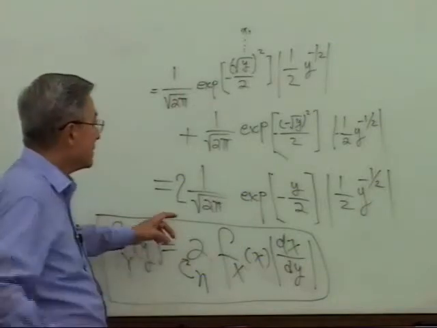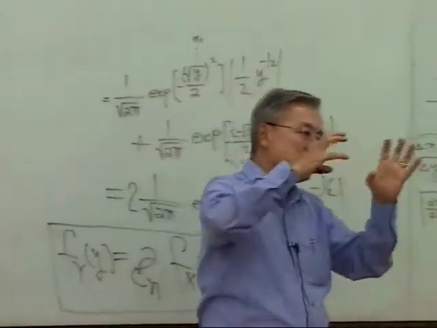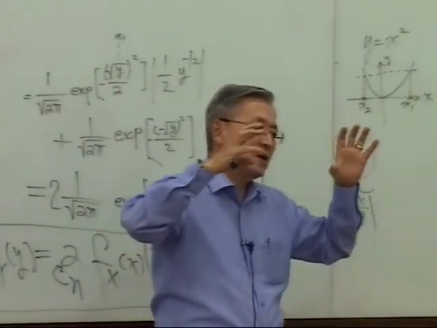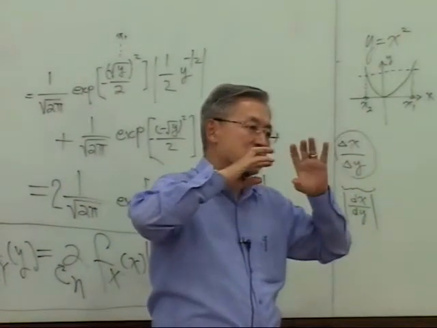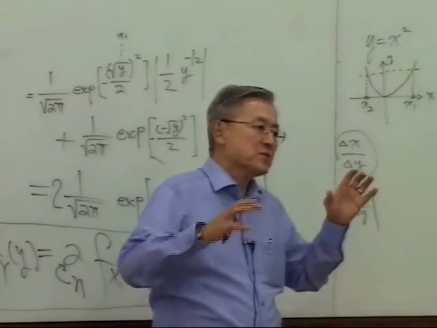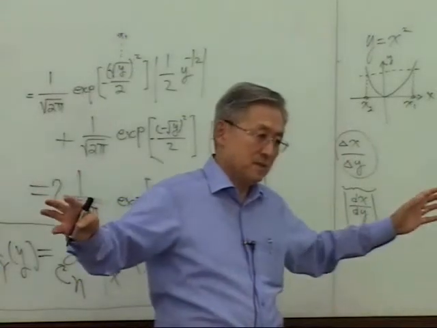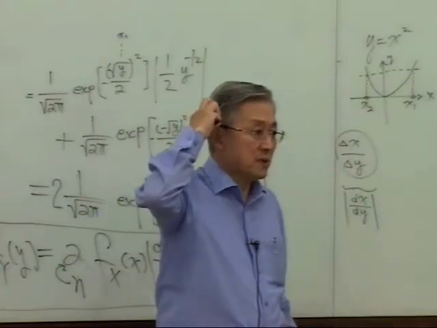But remember, this is the summation of the terms, right? If you have a 10-to-1 relation, then you expect a total of 10 terms in general. Then you have to work out, right?